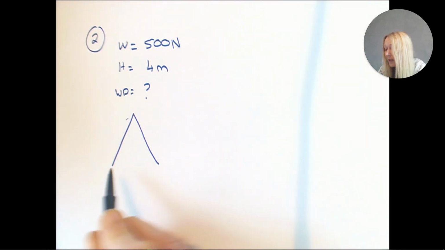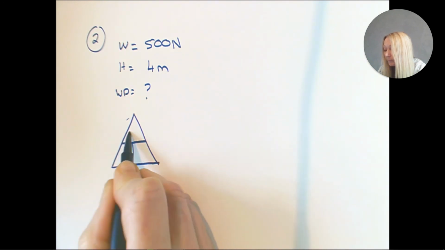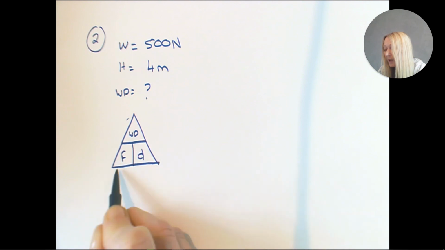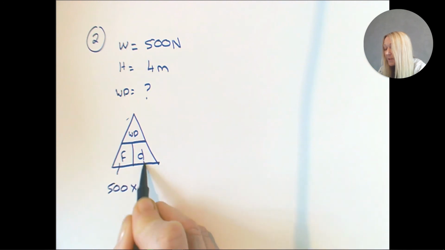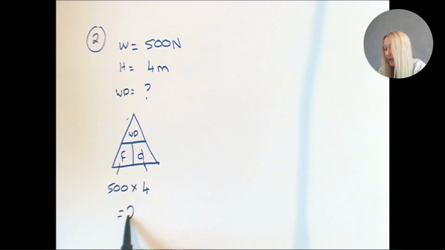I'm going to use my triangle again. So we have a force of 500 times by a distance of 4 meters. And that gives us an energy transfer, so work done, of 2,000 joules.